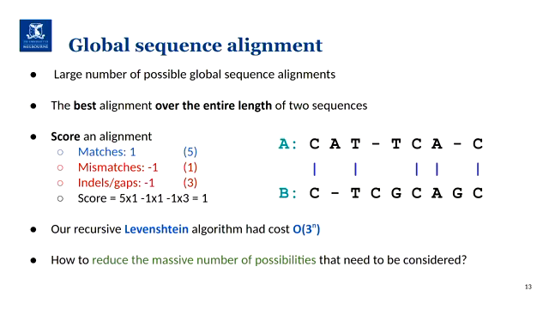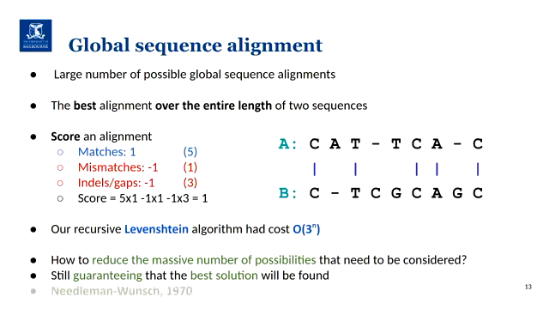One thing we would like to do is not only reduce the cost of this algorithm, but also make sure we still guarantee that the best solution will be found. And for that, we have a 50-year-old algorithm called Needleman-Wunsch. It's a very, very elegant algorithm.